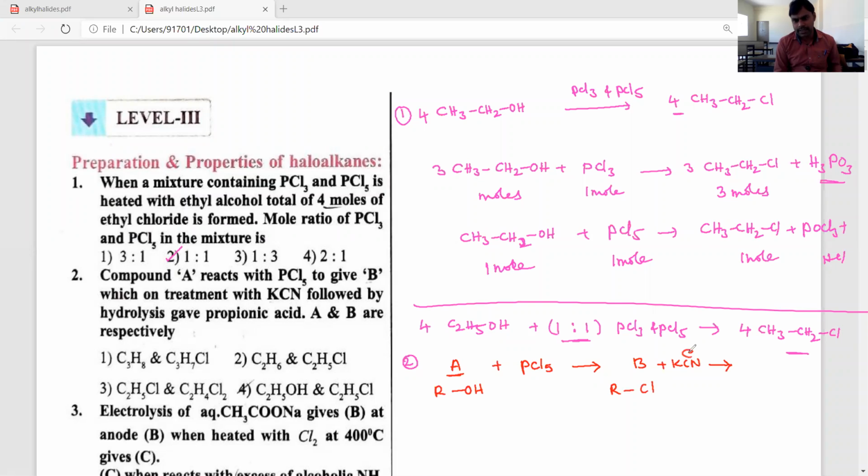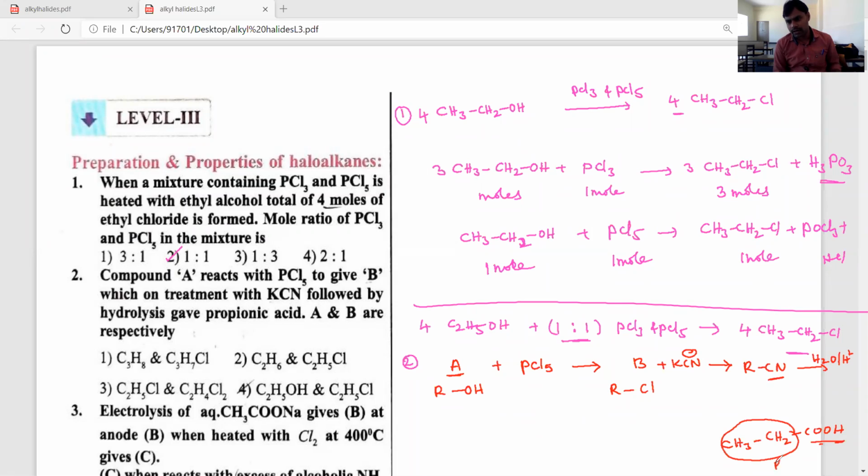This RCl treated with cyanide gives RCN. The RCN on hydrolysis in acidic medium gives the final product, propanoic acid, CH3CH2COOH. See here, this CN group is converted into an acid. This is the R group.